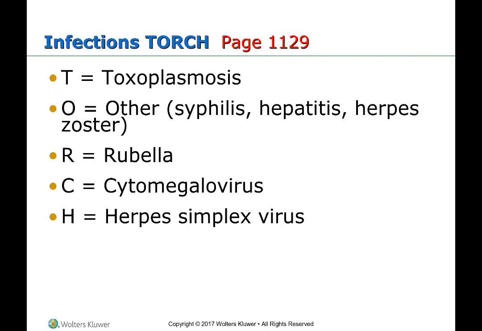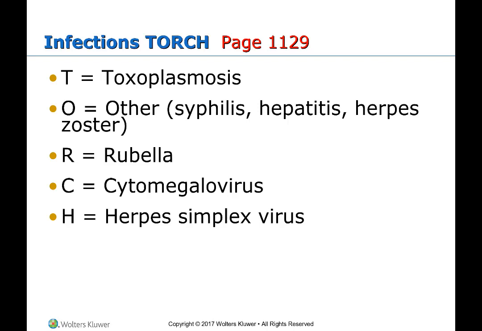Okay, so up on the top there, we had other. That was the second one, other. What does it have? It has syphilis. Is that spelled right? Syphilis, I guess it is. Hepatitis, we know about hepatitis, right? And herpes zoster.